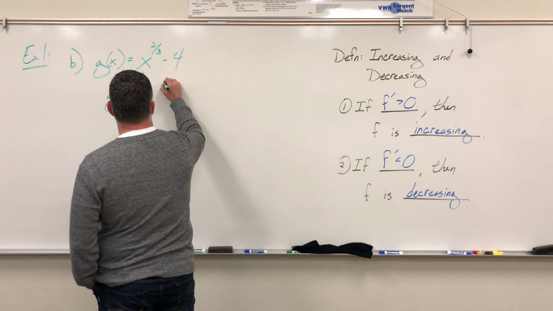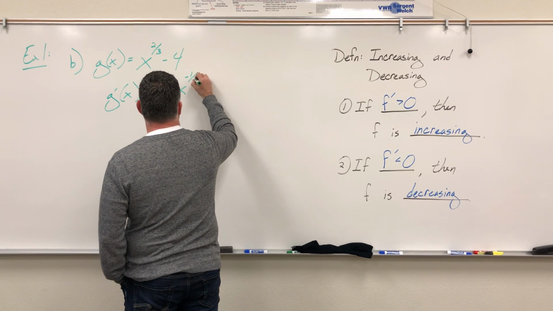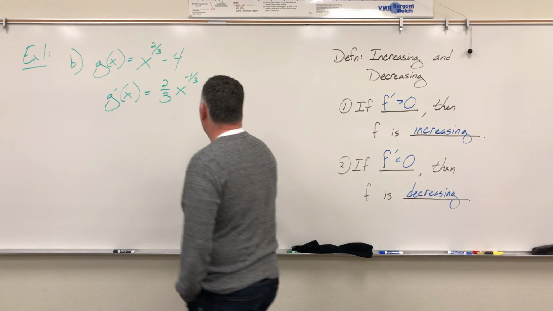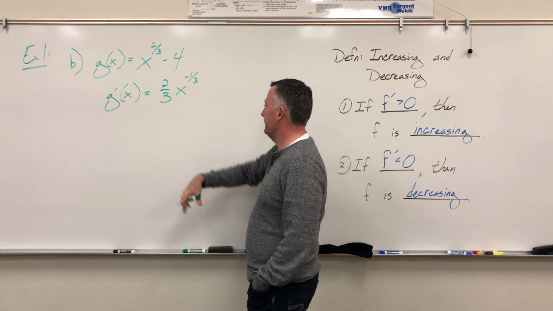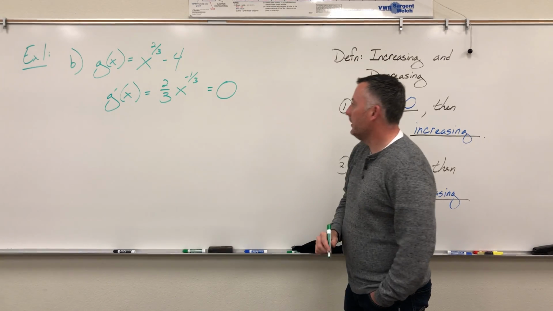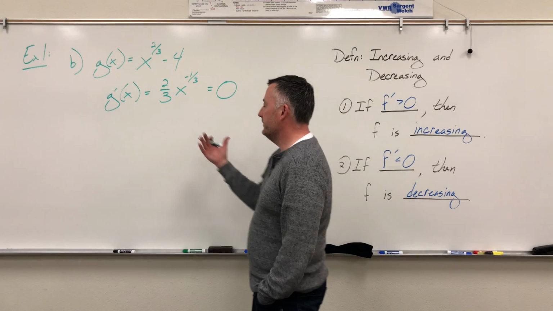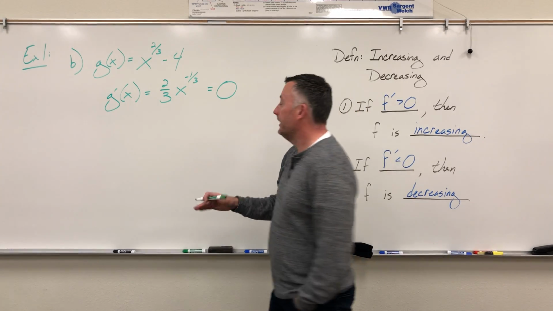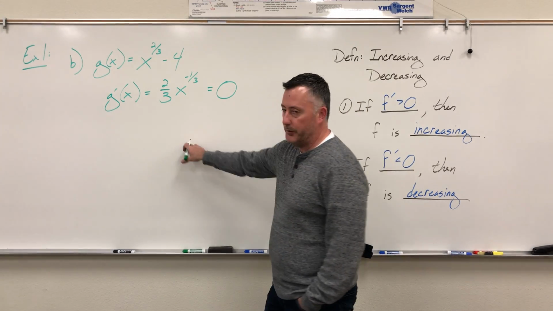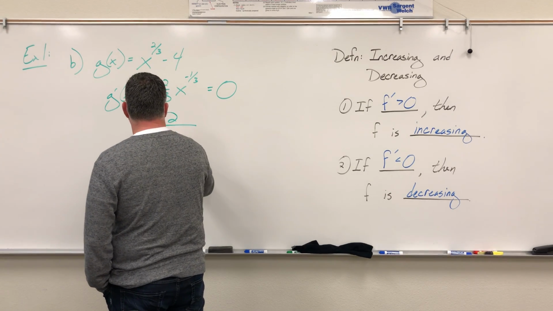So the derivative would be 2/3 x to the negative 1/3, and then the negative 4 would just go to 0. So there's your whole derivative. Set it to 0, and then we'll solve for x. And just as a reminder, anytime you have a negative exponent, flip it to the denominator.